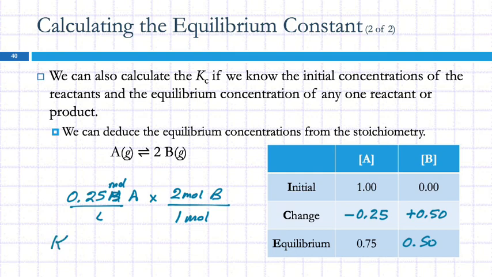Then we can calculate the equilibrium constant, because it's going to be B squared over A, and that's going to be 0.50 squared over 0.75.